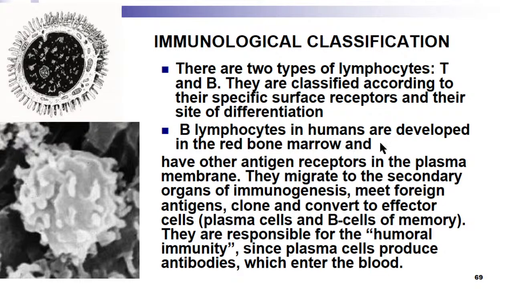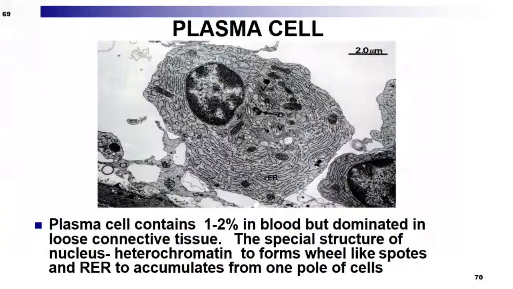The immunological classification of lymphocytes you can study in the practical classes and in our text variant: T and B lymphocytes. B lymphocytes give rise to the formation of plasma cells, which are not lymphocytes but a product of lymphocytes, and occupy the connective tissue.